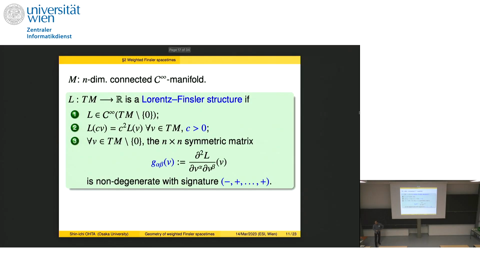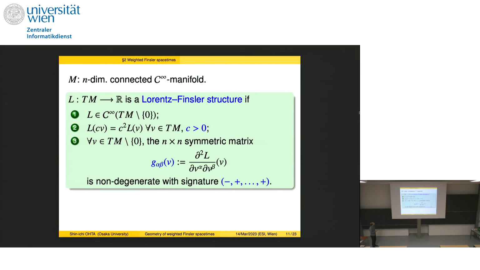Okay, so let me give the definition of a Lorentz-Finsler manifold for completeness. So we again consider just a smooth manifold, and then the Lorentz-Finsler structure is a function L on the tangent bundle, which is again smooth away from the zero section.